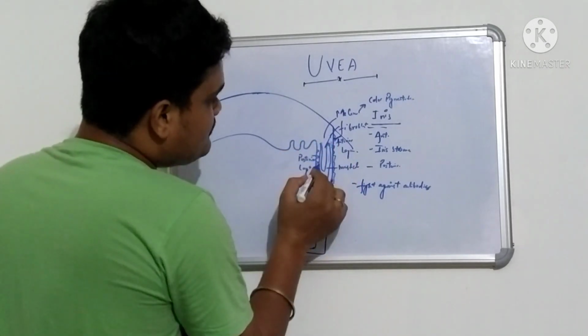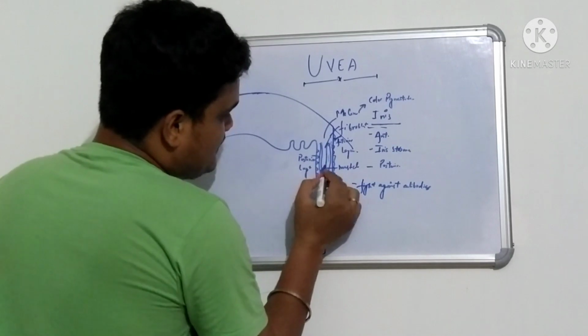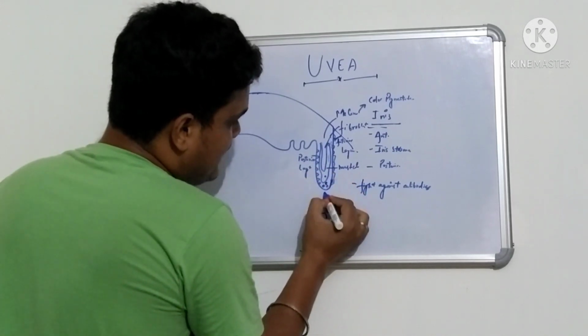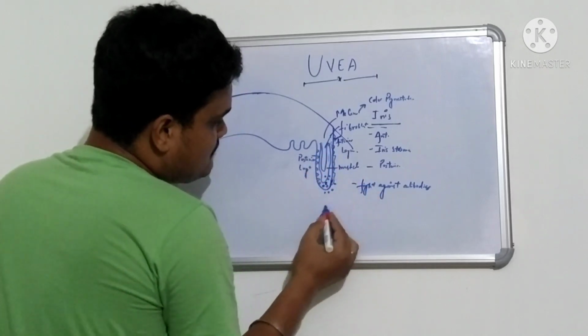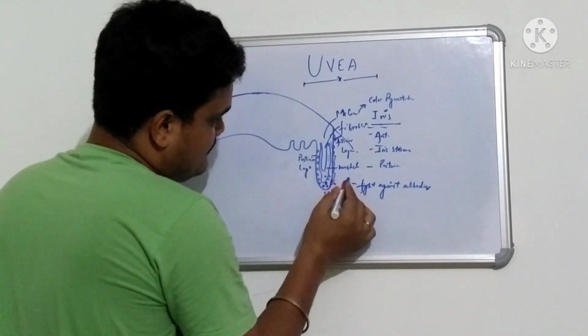So the function of the fibroblast here is to engulf the foreign bodies present in the anterior chamber, because the anterior chamber does not have any blood vessels.